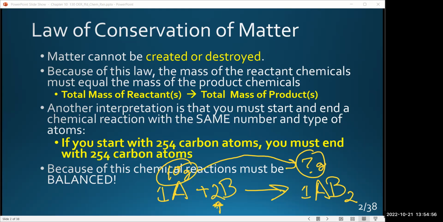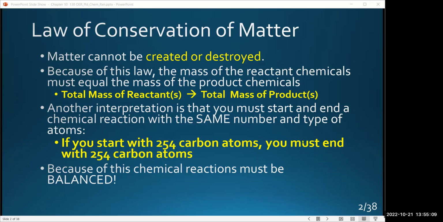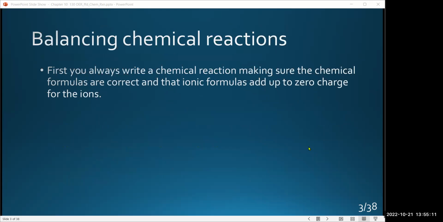But it's important that the coefficients are correct so we can do an accurate calculation. All right, so that generic equation is a balanced chemical equation. So we add coefficients as necessary, so the number of atoms as reactants equals the number of atoms as products.